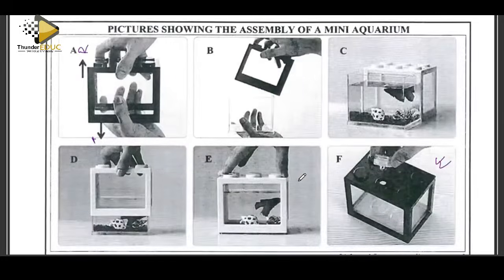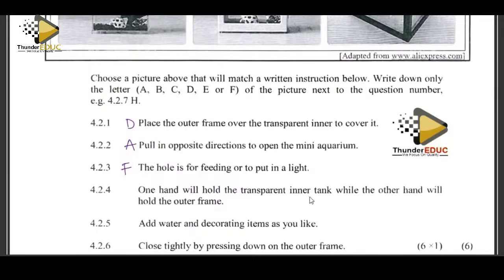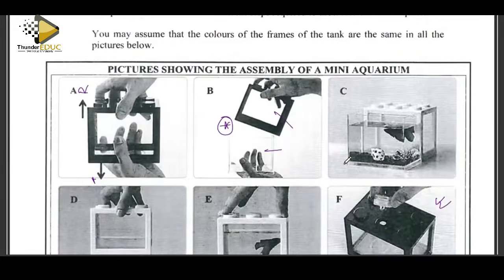So here we are looking for a picture that has two hands holding. There's this B here, transparent and the cover. Add water and decorating items as you like. It's here, C.